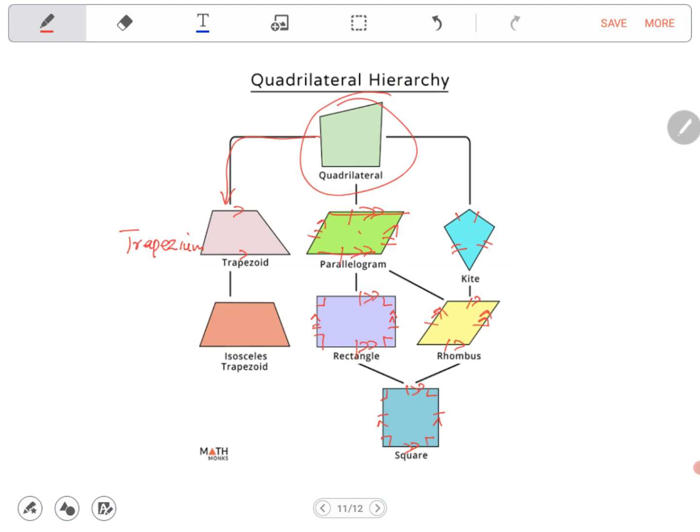Then we have an isosceles trapezium, which means this side here is equal to this side. And sometimes we can have a right trapezium, whereby we'll have two sides being parallel to each other and there's a 90-degree angle. So that's the discussion concerning the quadrilaterals.